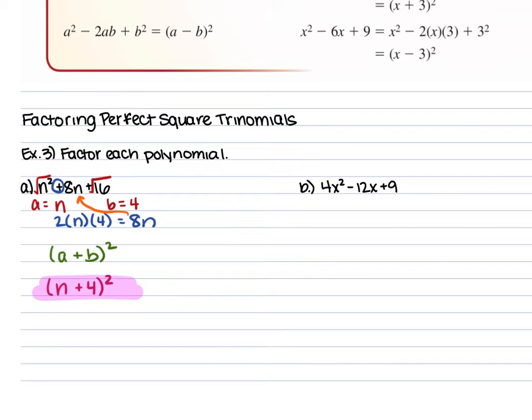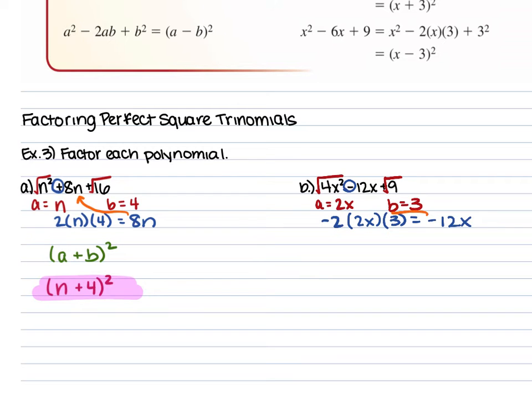For b, we're given 4x squared minus 12x plus 9. We can take the square root of that 4x squared. We can take the square root of that 9. The square root of that 4x squared gives us an a of 2x. The square root of the 9 gives us a b of 3. Now, the sign on our middle term here is negative, so if we take negative 2, we're going to have that negative 2 times 2x times 3, which gives us negative 12x.